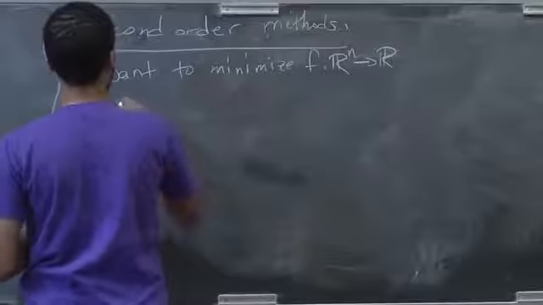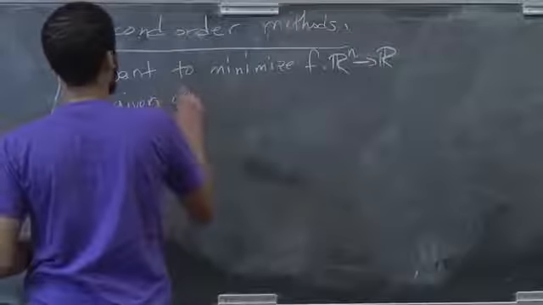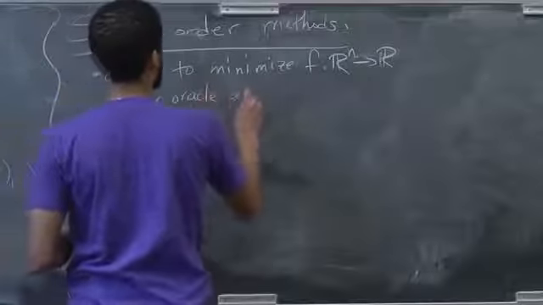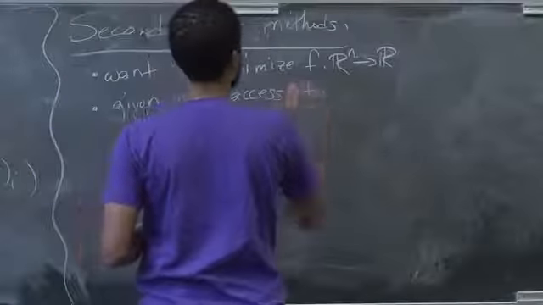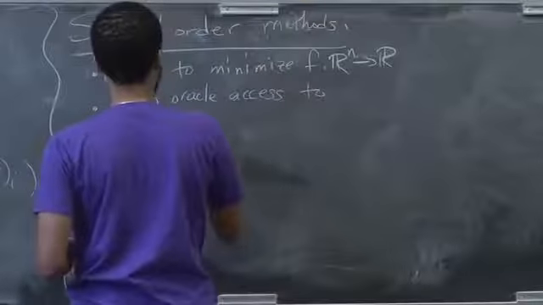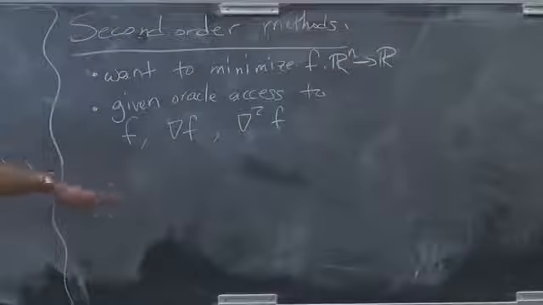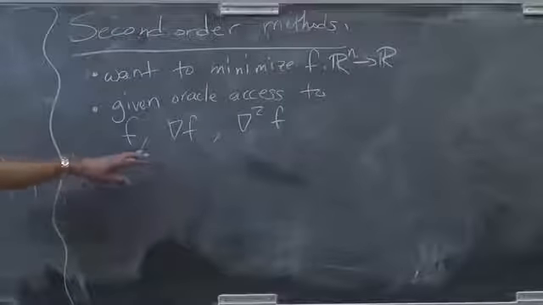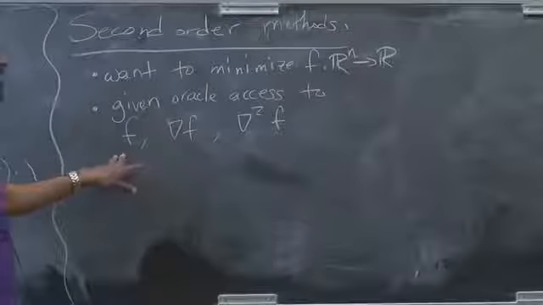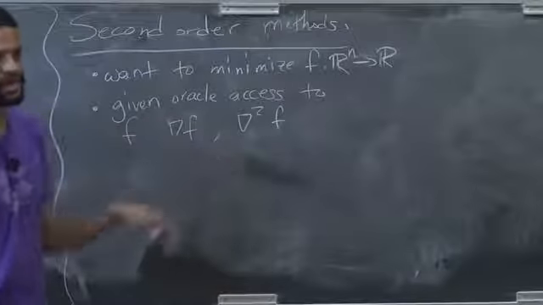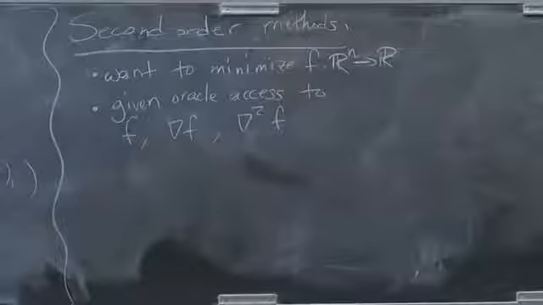And we are given oracle access to f, the gradient of f, and the Hessian of f. And what I mean by that is, given a point x, there is some way for us to get our hands on f of x, the gradient of f at x, and the Hessian of f at x. Okay.